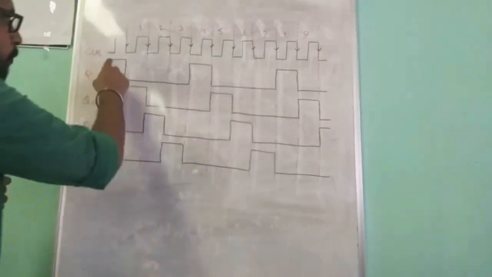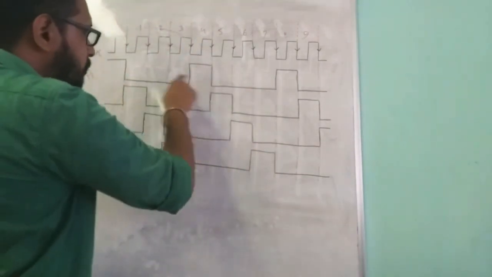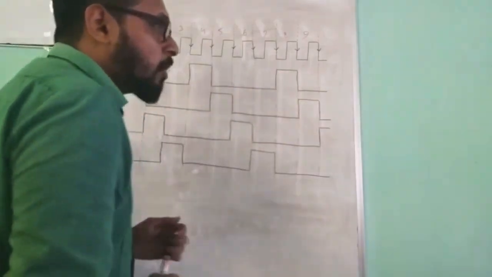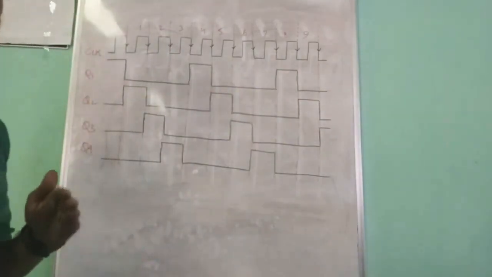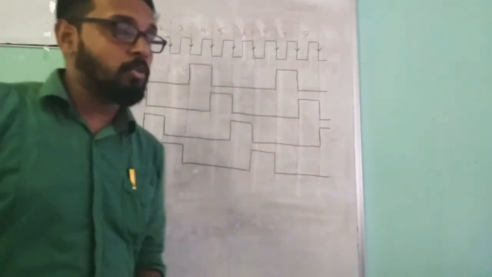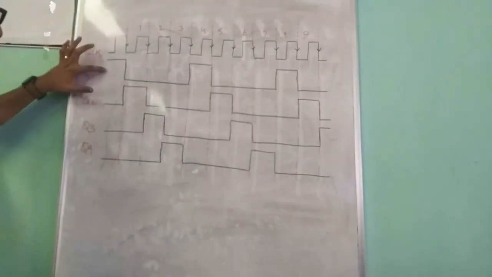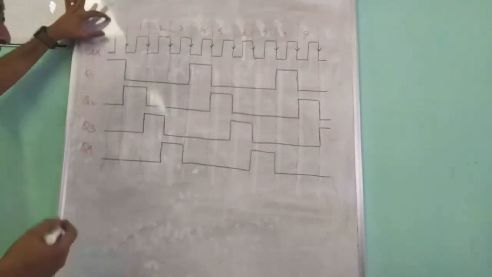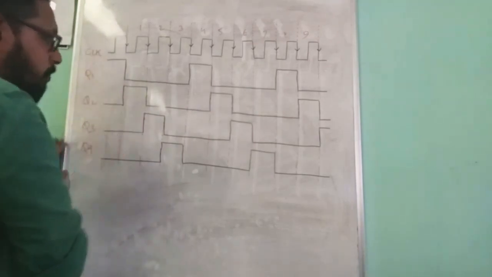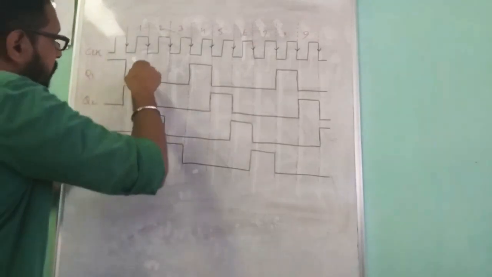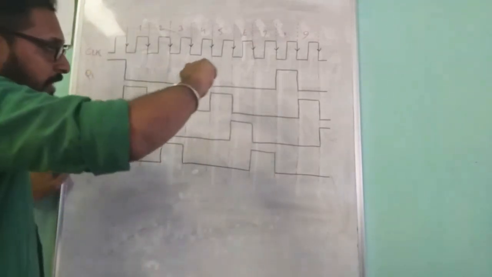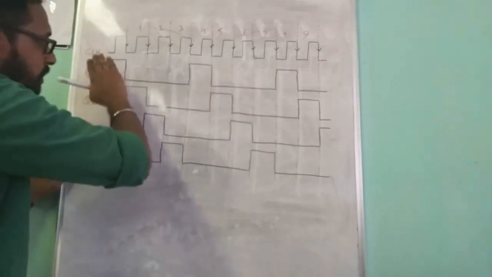You can either follow this pattern, giving 3 zeros in between, or the best thing we can follow is what I have just told before. Initially it's 1, 0, 0, 0, and in the next clock pulse this 1 is shifted, right?